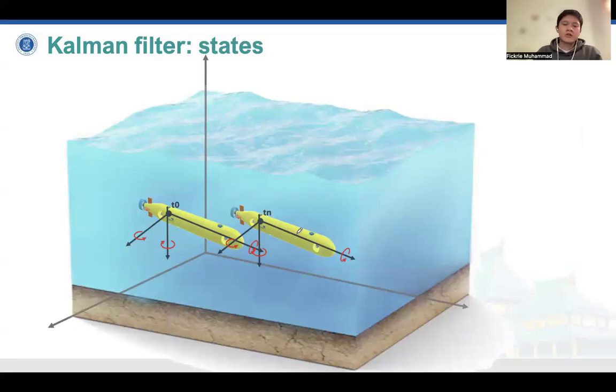Now we're going to talk about states. States here are, for example, the initial states of the AUV underwater, which is 0, and then the next states, at time n or time k, which is already translated. And while doing the translations, we have the positions, right? This is the initial position. We'll have other positions here.